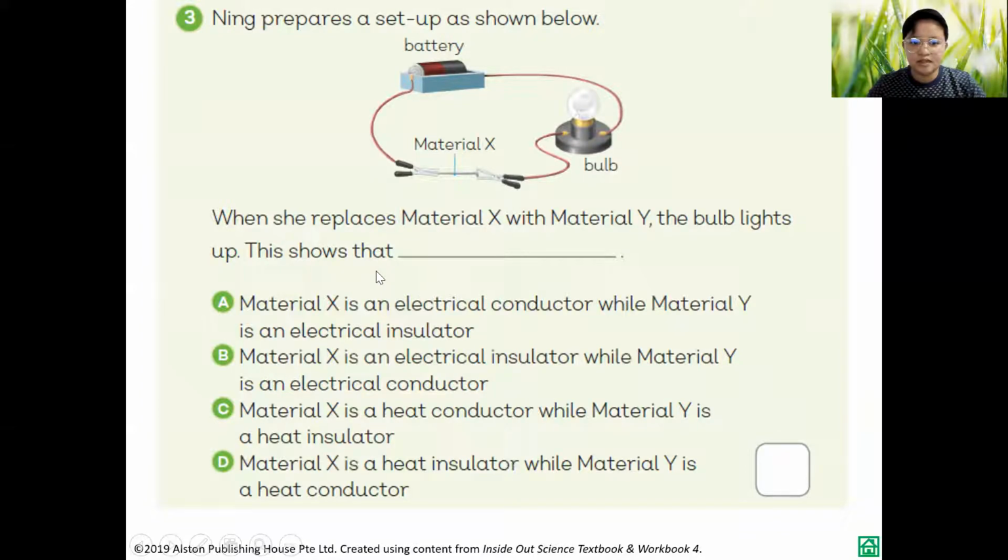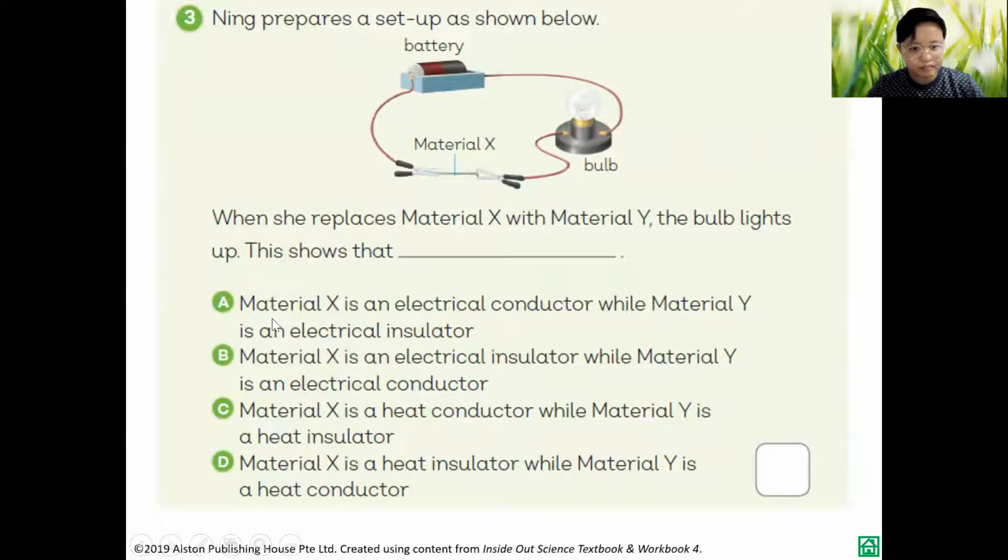Material Y is not shown in the setup above. In this setup, we can assume that this is about electrical conductivity, right? So let's first read the possible answers.